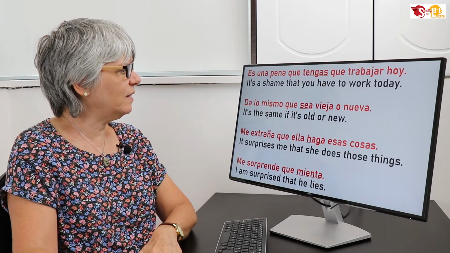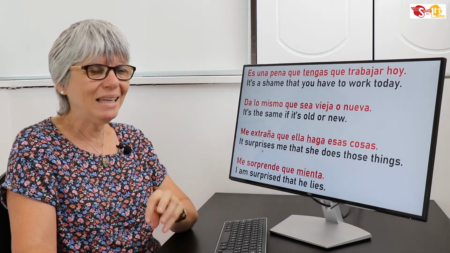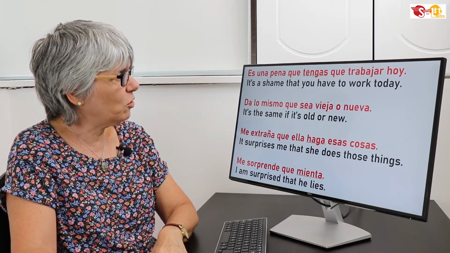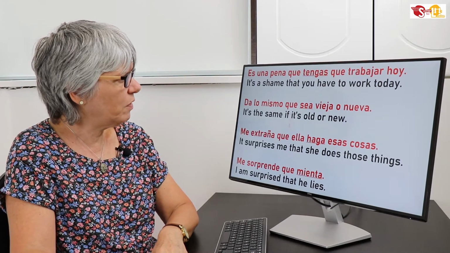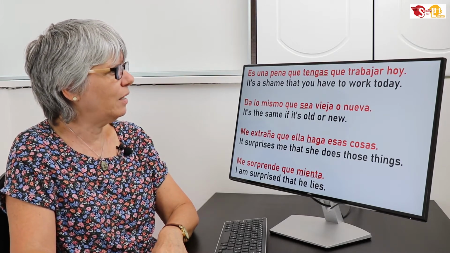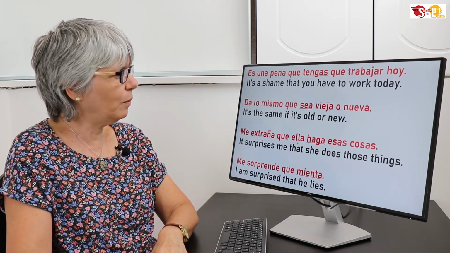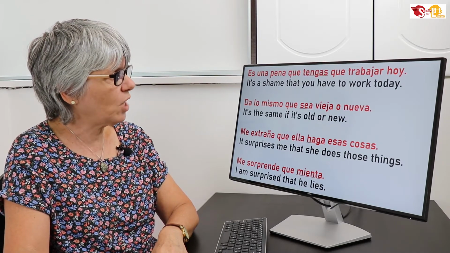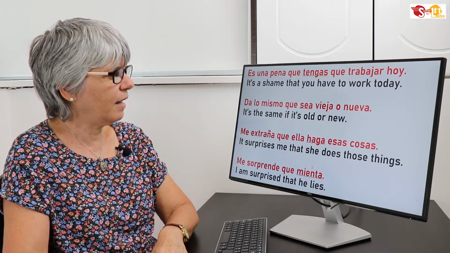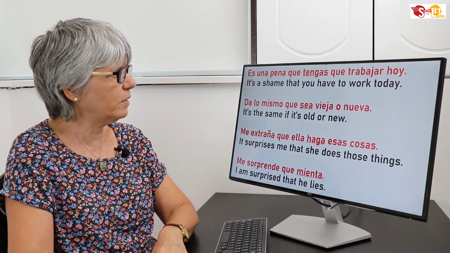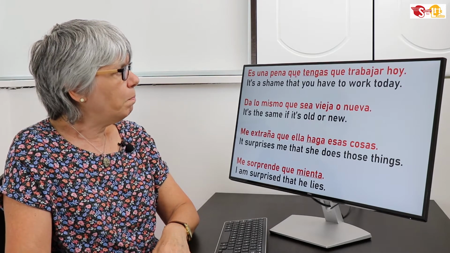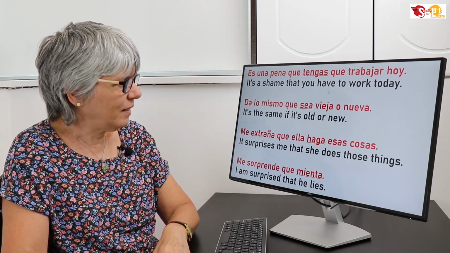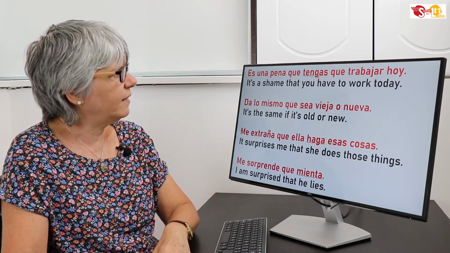So I'm expressing my feelings in the main sentence and in the subordinate sentence introduced by que, remember, most of the time, que tengas que trabajar hoy, que sea vieja o nueva, que ella haga esas cosas, que mienta. I am using the subjunctive: tengas, sea, haga, mienta. I underlined the forms in the subjunctive. Because I will explain the first sentence, but it's exactly the same with all these examples.